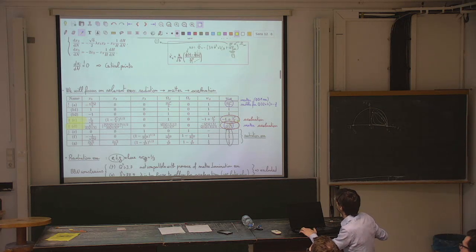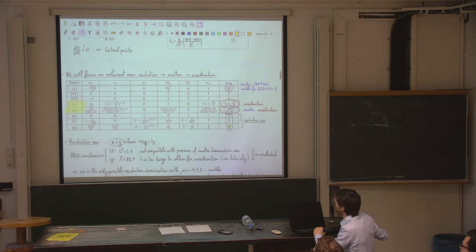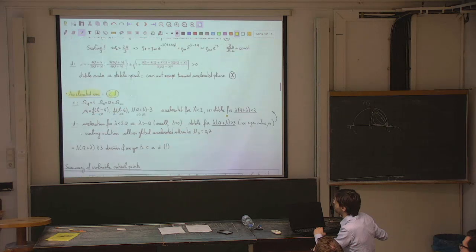You see that we have two opposing conditions, because here we have lambda and here we also have a Q. Now we need to understand if the best candidate is the point C or the point D. Both give acceleration, but let's see, according to their stability, which one is the preferred one.